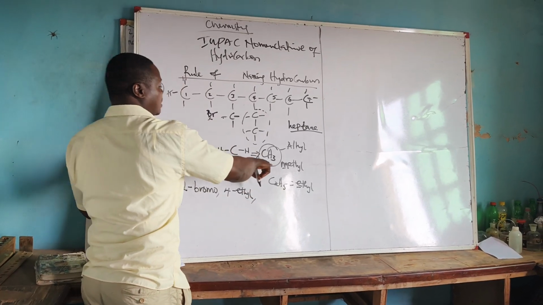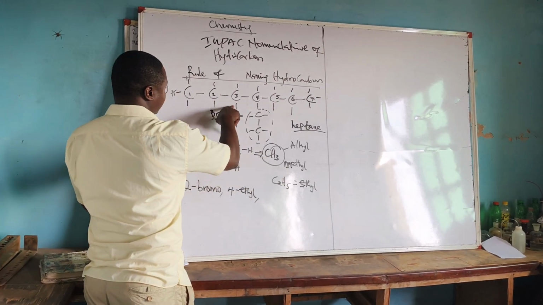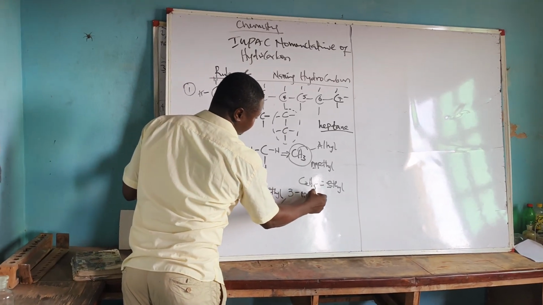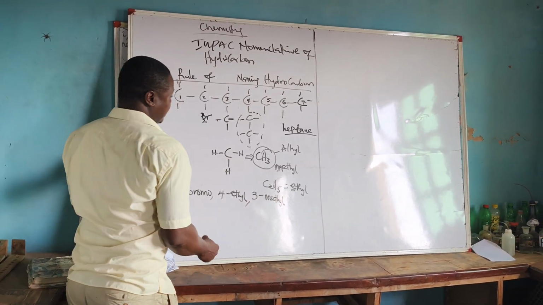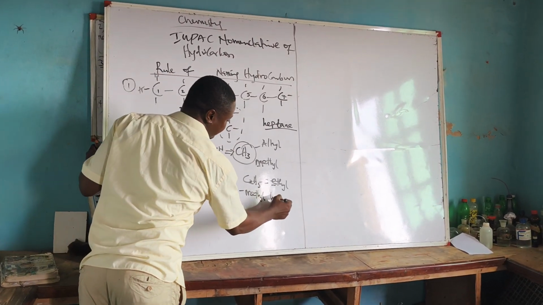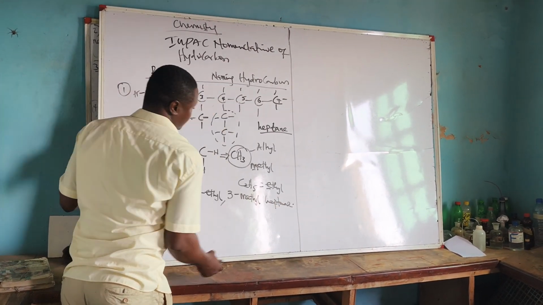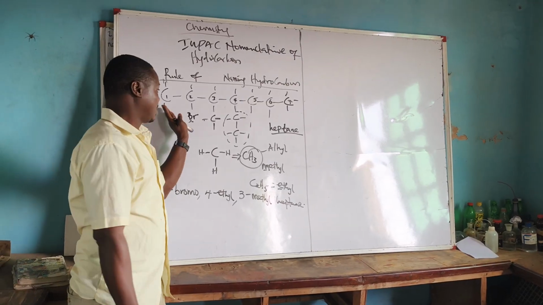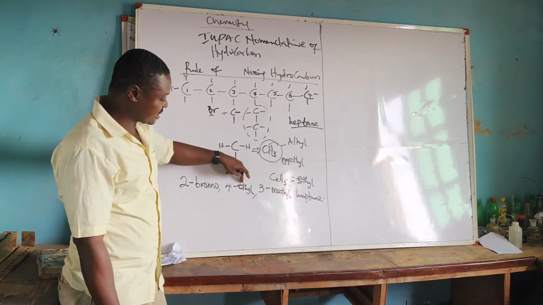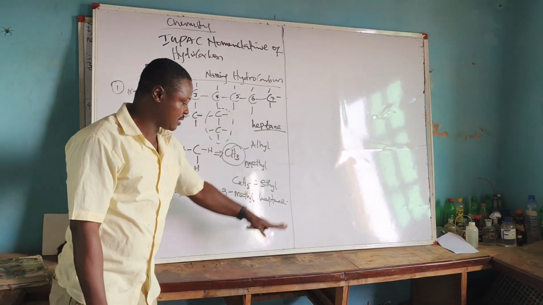Then we go to the last, which is M, and it's on carbon number 3: 3-methyl. Then finally you put the root name or the longest chain name, which is what? Heptane. So the name for this hydrocarbon compound with branch and substituent is 2-bromo, 4-ethyl, 3-methyl heptane.